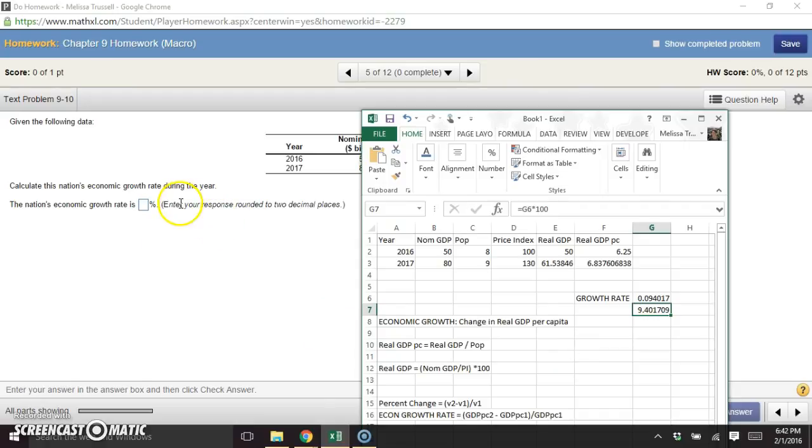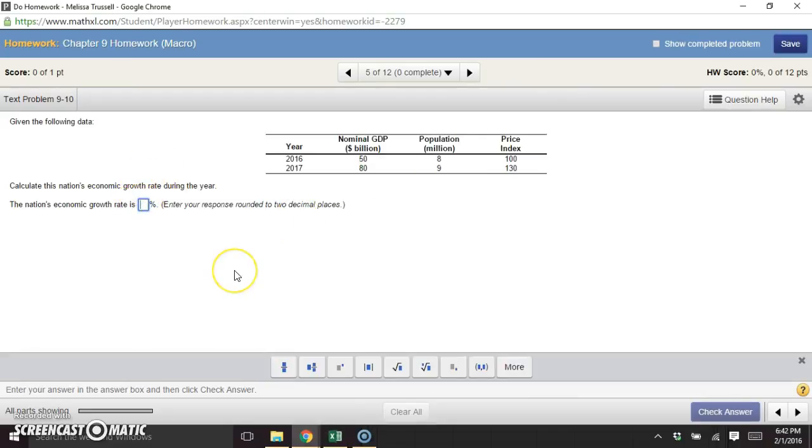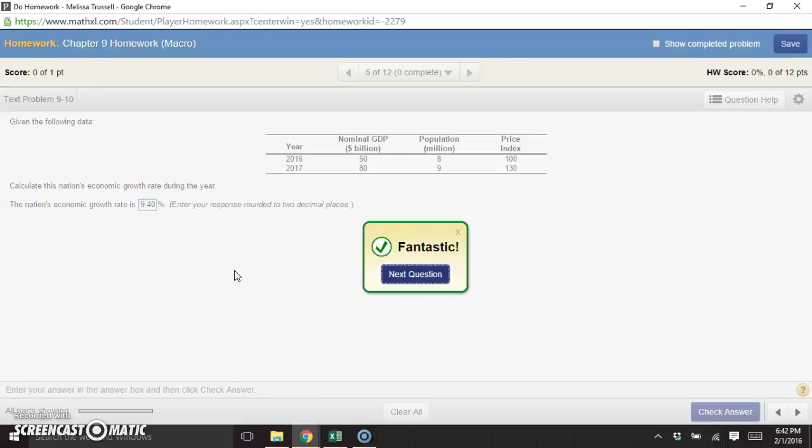It says for us to round our response to 2 decimal places. So here that stays at 9.40 because the 1 will keep the 0 down. We'll keep the 0 at a 0. So 9.40% is our economic growth rate. And we're good to go.